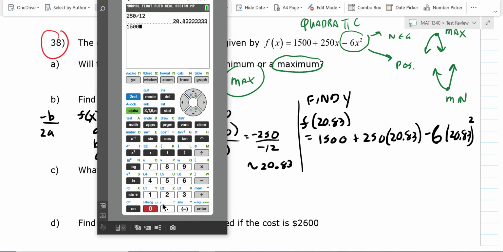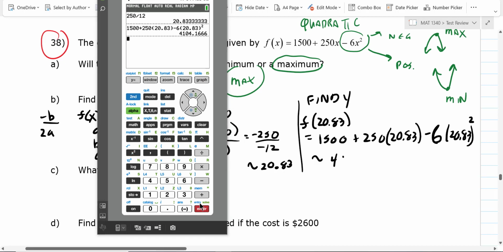So 1500 plus 250 times 20.83, and then minus 6 times 20.83 to the second power. Okay, I think I got everything in right there. So yeah, that would be about 4,104.17. And I'm okay with decimals.